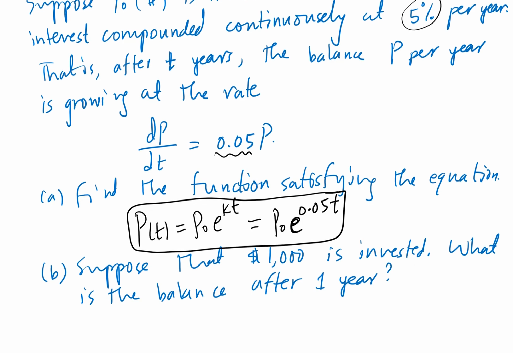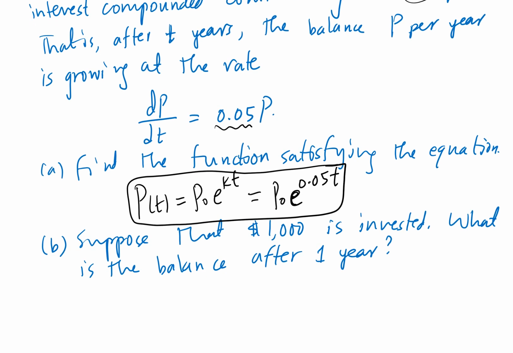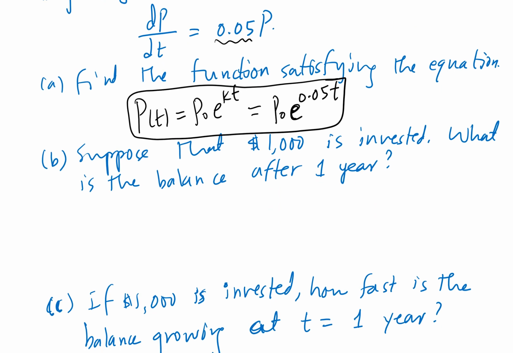Part B says, suppose that $1,000 is invested. That's the P0, so P0 is $1,000. What is the balance, so what's P of t after 1 year? After t equals 1, what is P of 1?